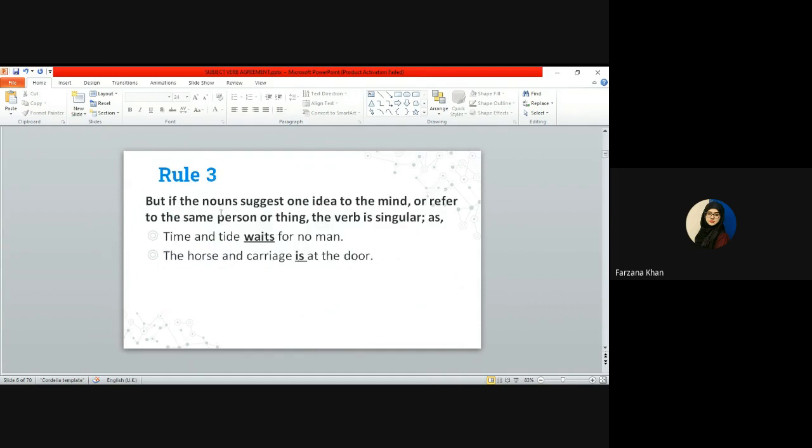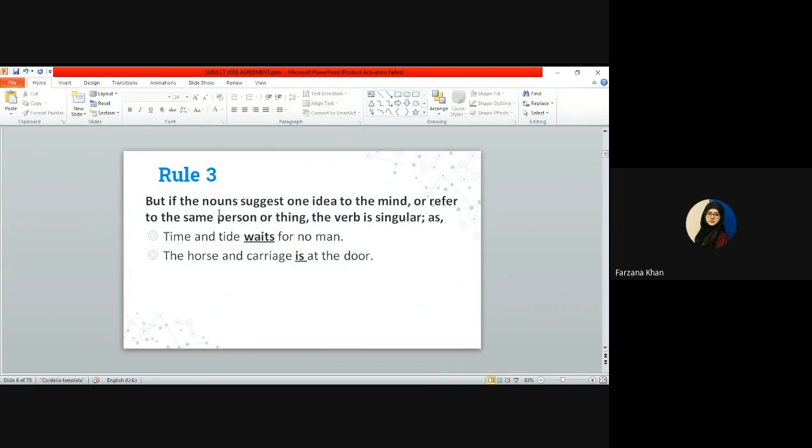But if those singular nouns are basically about one main idea, referring to one person, place, or thing, then we will go for a singular verb.